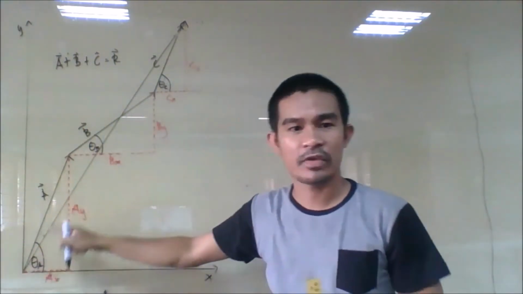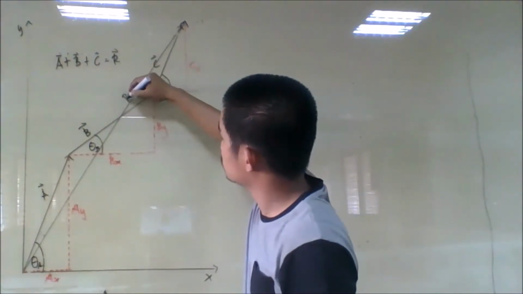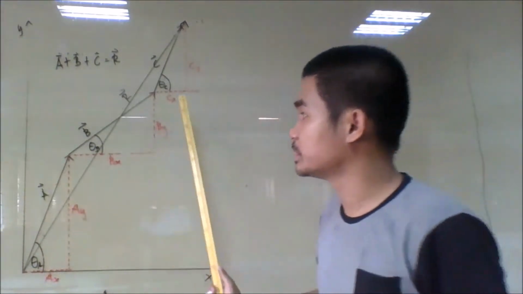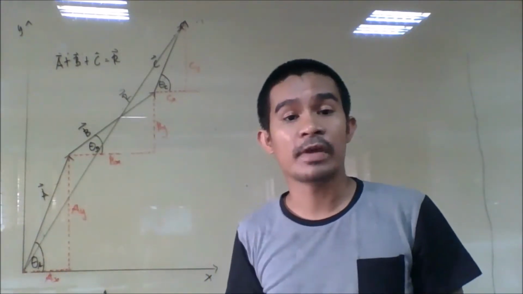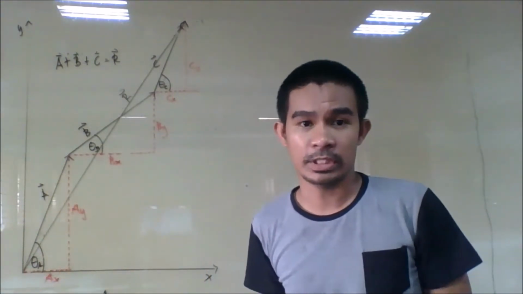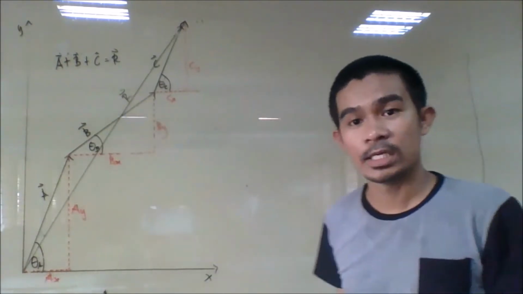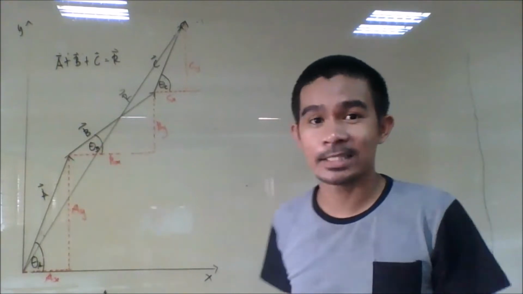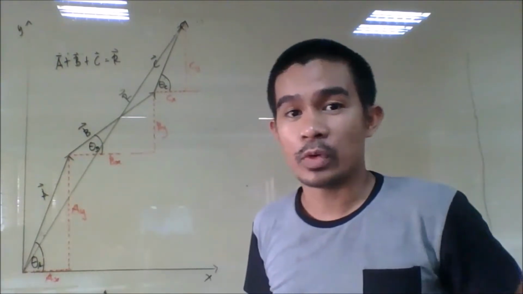So this vector is represented by vector R, since that is the sum of these three vectors, vector A, vector B, and vector C. Since this is a vector, it means it has its x and y component.